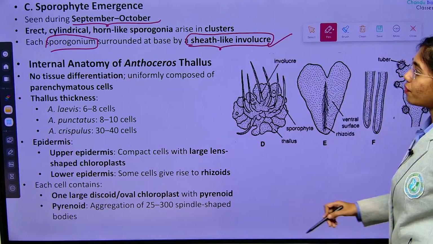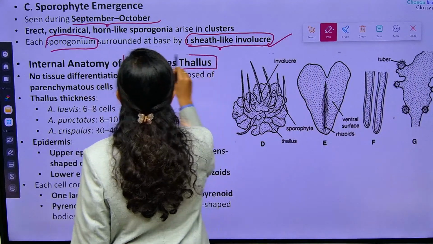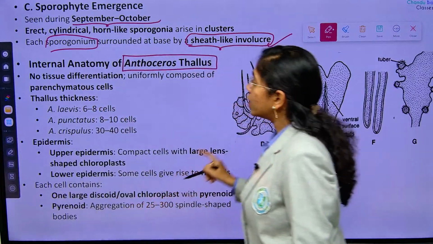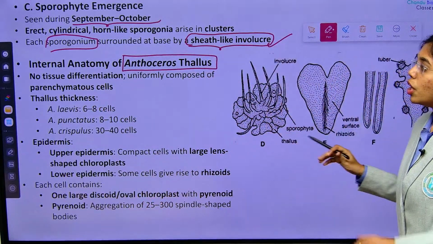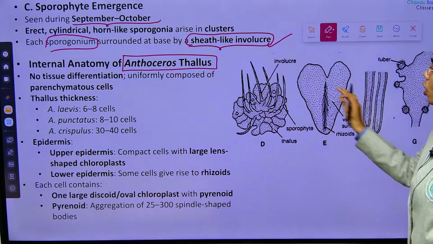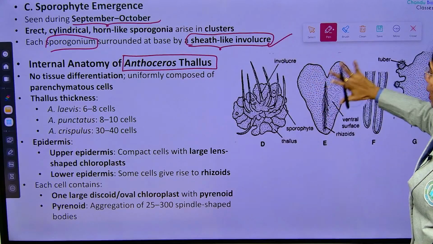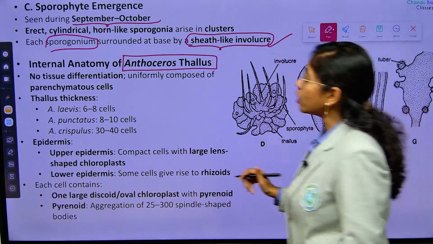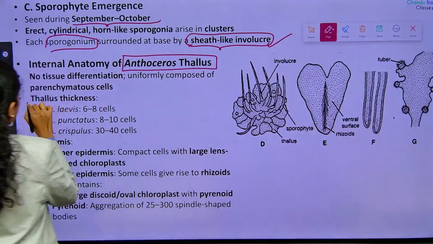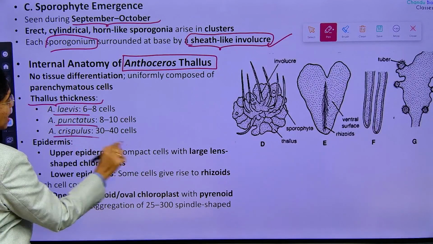Internal anatomy of the Anthoceros thallus. There is no tissue differentiation; uniformly composed parenchymatous cells are present. And here you see thallus thickness, for Anthoceros laevis, punctatus and crispulus.